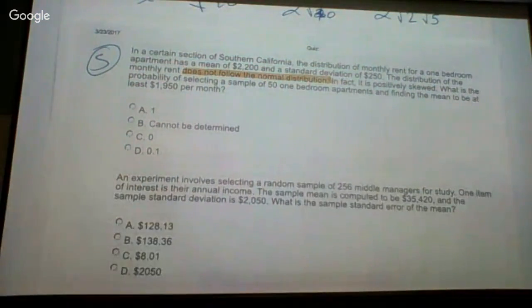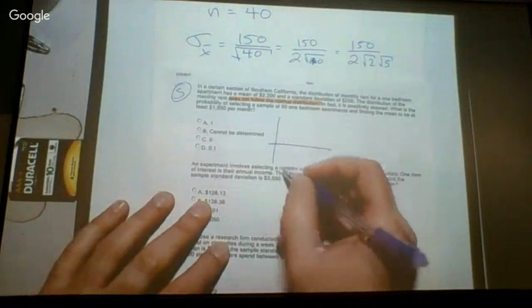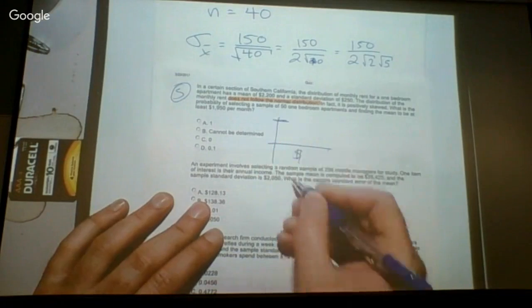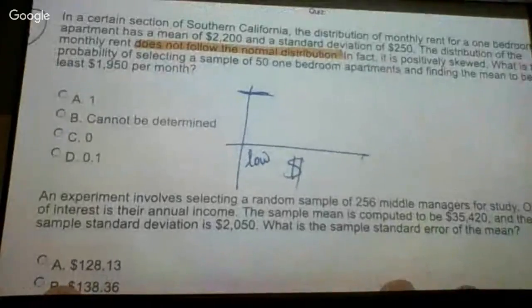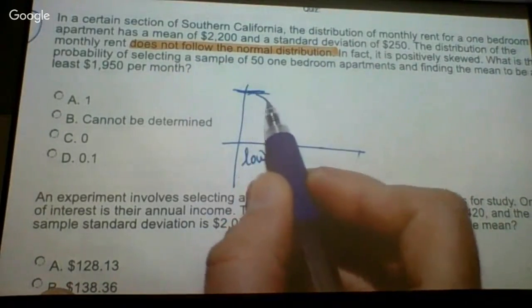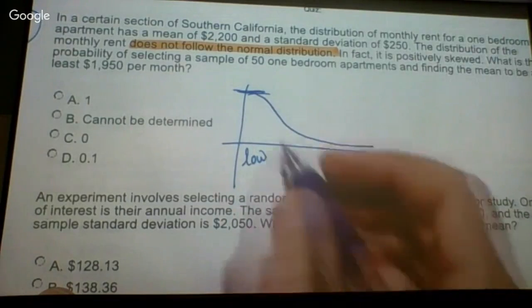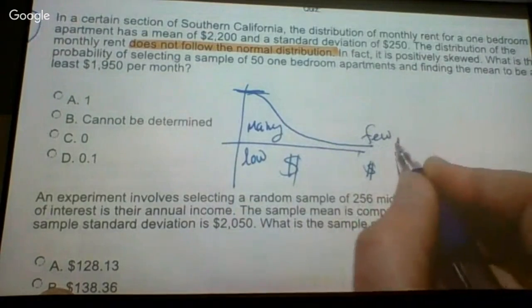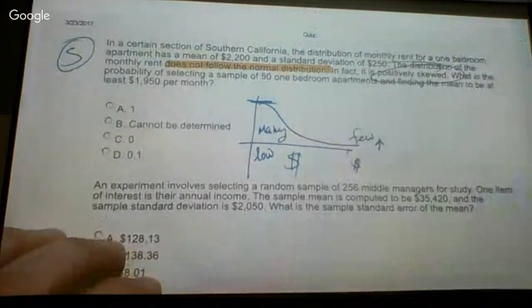In fact, it is positively skewed, like the palm of your right hand, which means very frequently there are low-cost apartments, and less frequently there are really nice places. There are many low-cost apartments, and there are few high-cost apartments. That's what we mean by positively skewed.